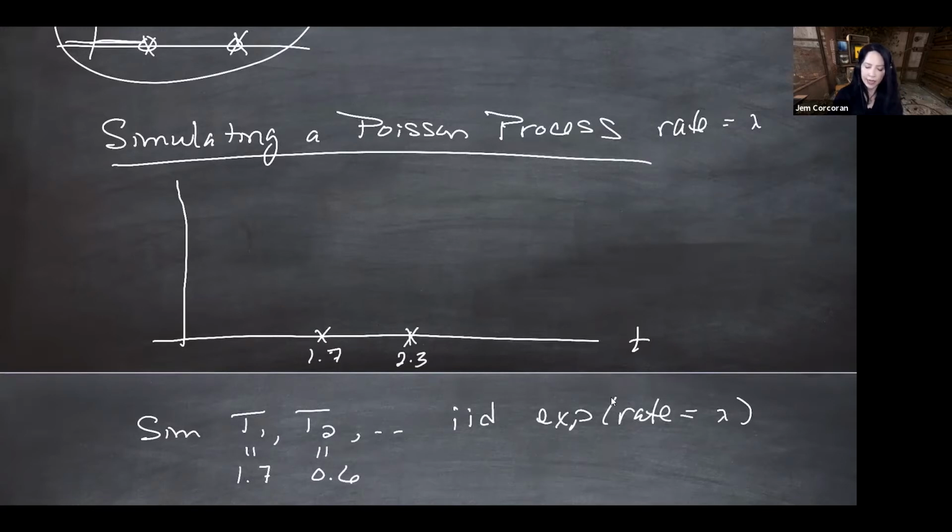You would just lay out these times and you would have a process that is flat and then jumps up by 1 every time you have an exponential time. This is kind of brutish, brute force. How you would simulate this really depends on what you want to do with it and if you're plugging it into something else, but we have one more method that we know about.